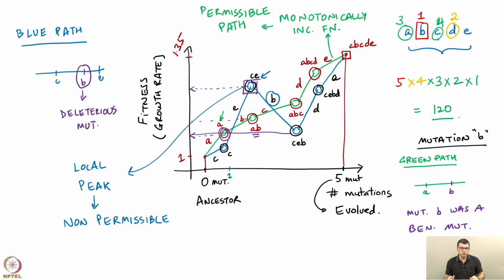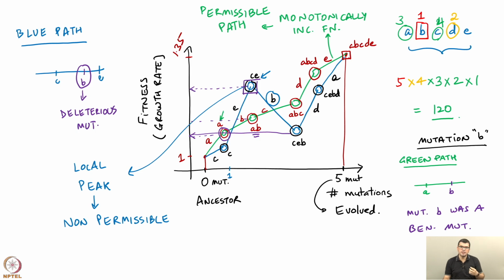So, what you should note here is that the nature of the fitness effect of mutation B is context dependent, and that context is dictated by the precise genotype in which mutation B was occurring. If it happened in one, it was beneficial, but if it happened in the blue path, it was deleterious, the same mutation.